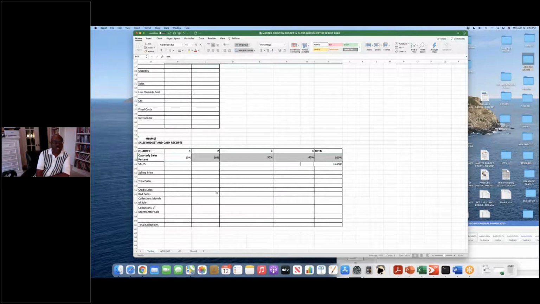So it's 100%. So what you're going to do now, Buford, is what? The selling price or the sales? You're going to get your quantities first. Your selling price, you get $500. So let's put that in.